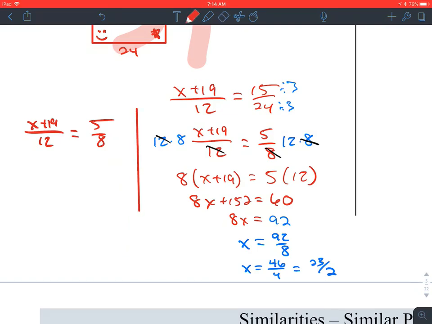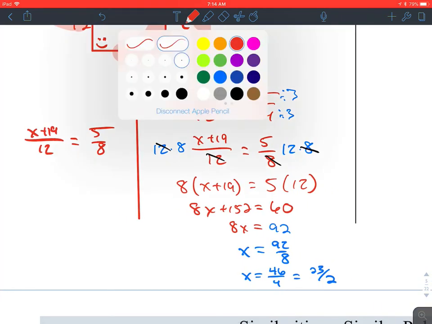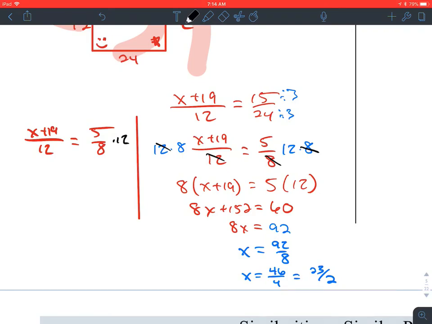At this point, going back to this part of the problem, I could have had smaller numbers if I didn't multiply by 12 and 8. Let's say I multiply by 12 first. Obviously on the left, the 12s cancel. On the right, 8 and 12 have a common factor of 4. So 4 goes into 8 2 times, 4 goes into 12 3 times.